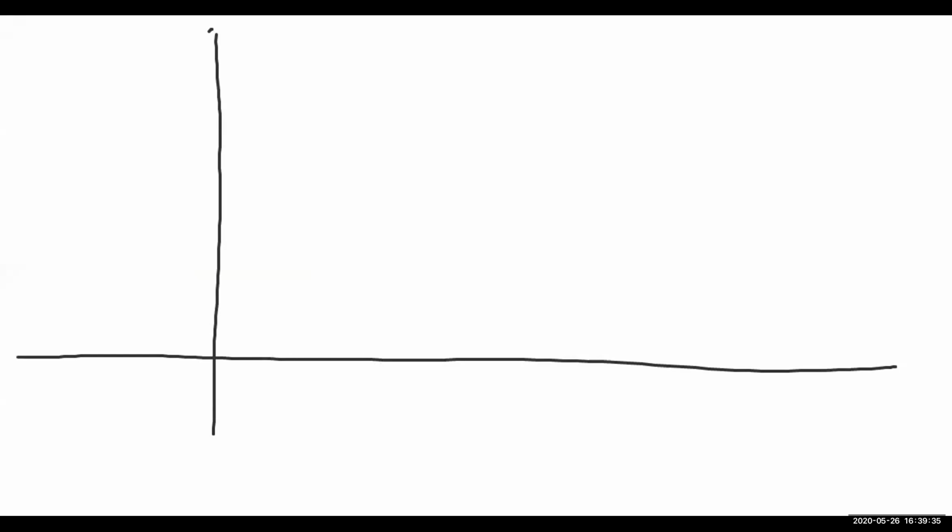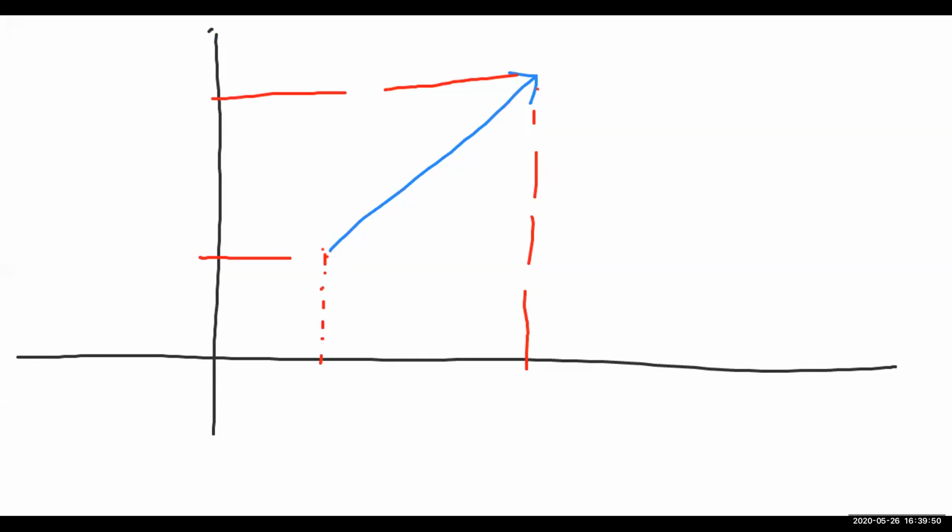So if we have an xy axis and a vector A, then you can drop a perpendicular from the head and tail of the vector A onto your chosen xy axis, and this will give you the x component and the y component.